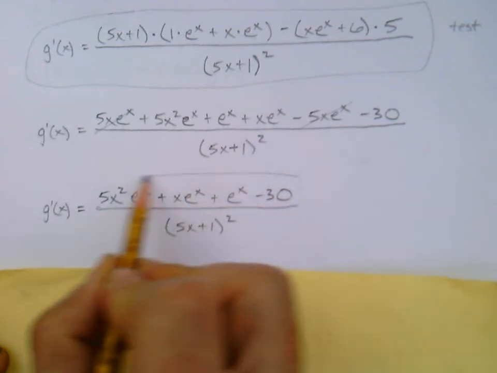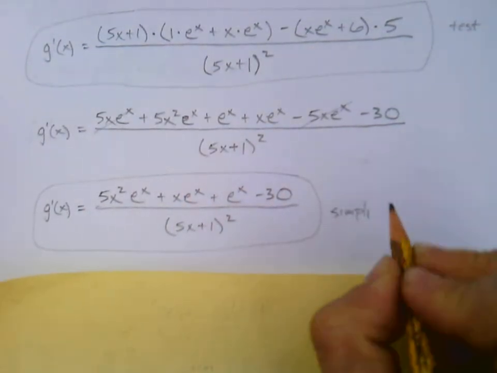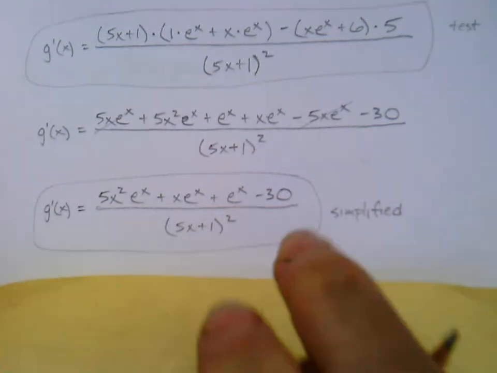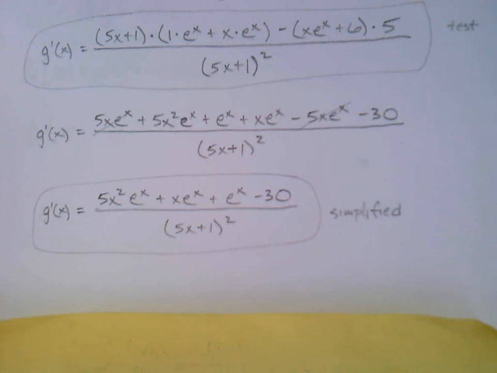There's the simplified version. And we've got our answers there and there. Okay, that is the end of 3.2. Go and check out 3.3. More rules.